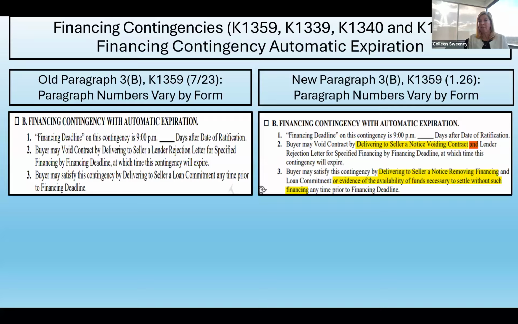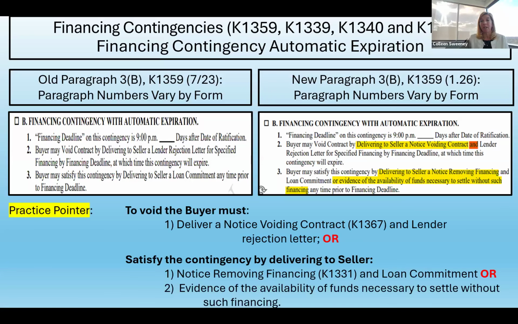It was only the lender rejection letter before. And they may satisfy the contingency by delivering to seller a notice removing financing and loan commitment or evidence of the availability of funds necessary to settle without such financing. So again, this is the process that's going to have to take place.